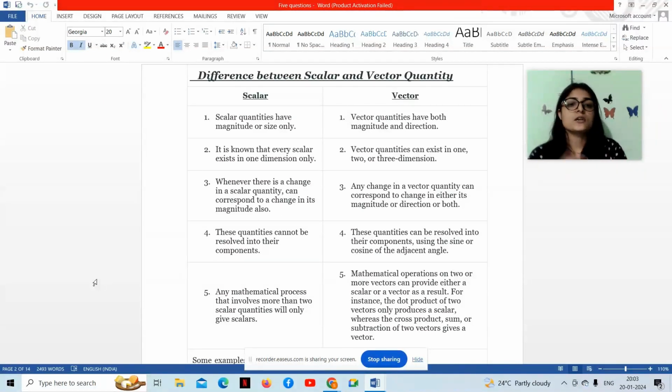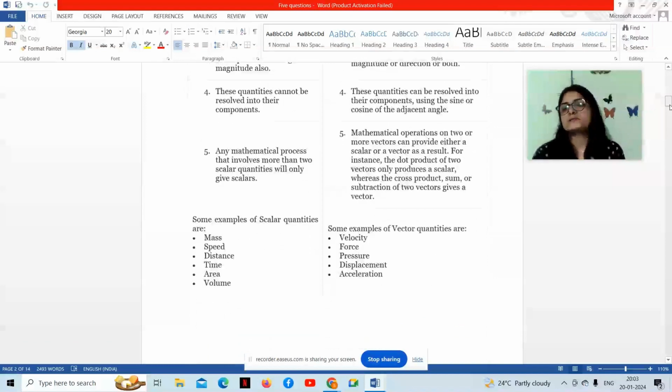Scalar quantities cannot be resolved into their components, while vector quantities can be resolved into their components, like using sine or cosine of their adjacent angle. Any mathematical process that involves two or more scalar quantities will only give a scalar, right?